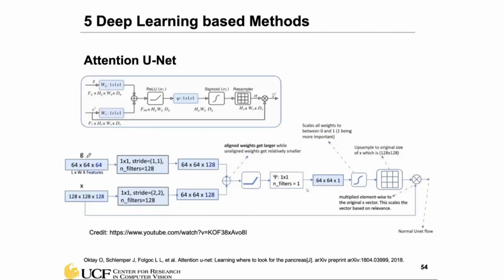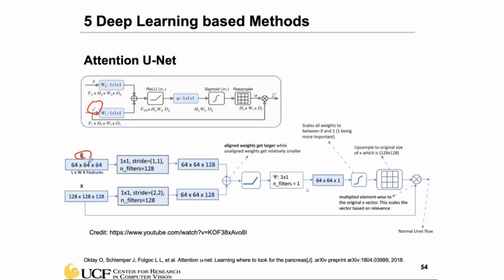So here we have the G, and we also have the XL, which is from the encoder side. So let's see how this attention gate works. For some networks, the spatial resolution may be different.